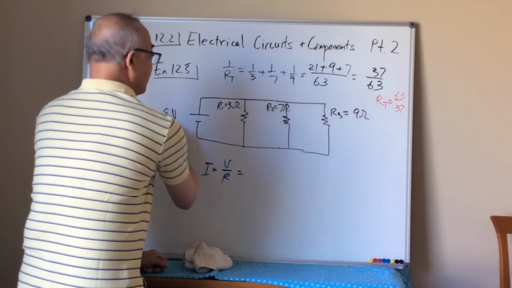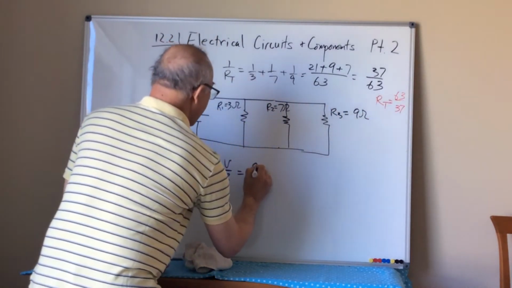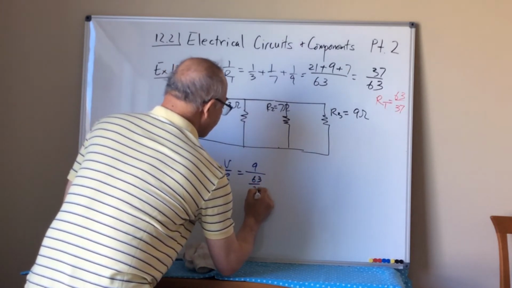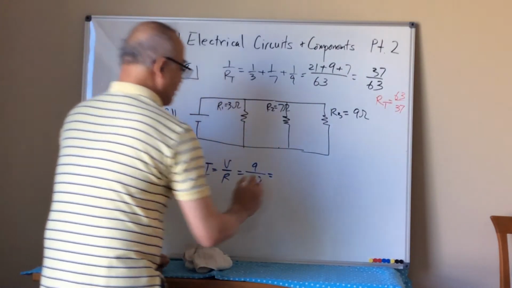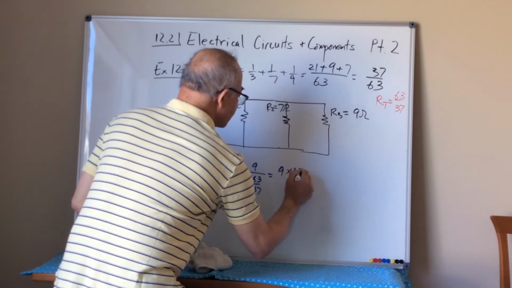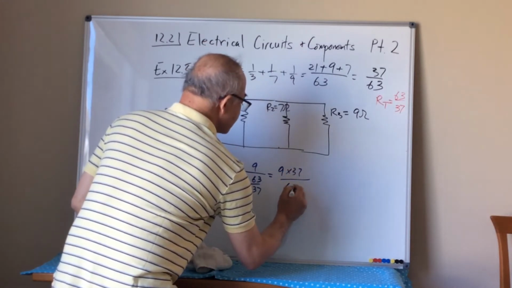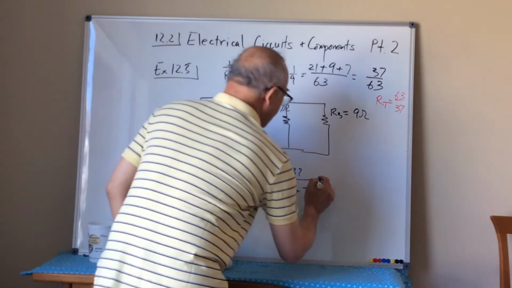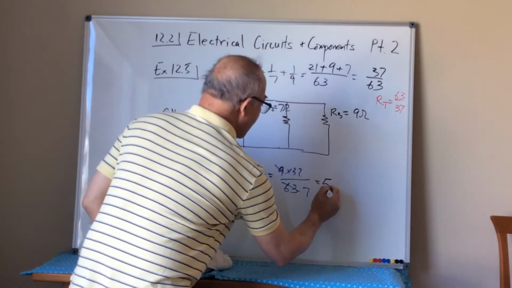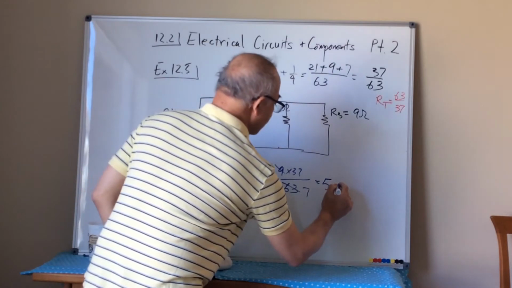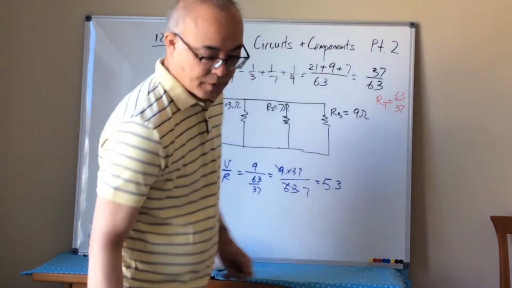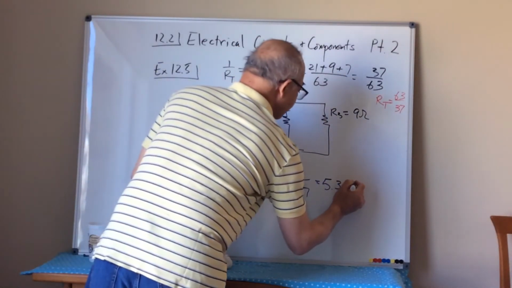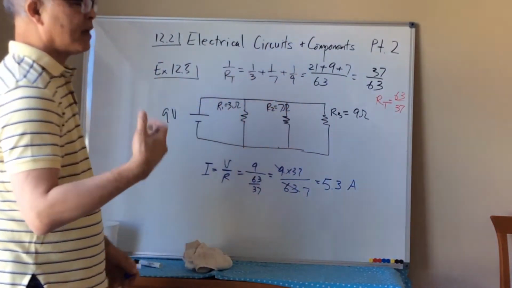So I'm going to get 9 over 63 over 37, which is the same as 9 times 37 over 63. That's 7, so I get what? That's about 5.2, so that's about 5.3 amps. So 5.3 amps.